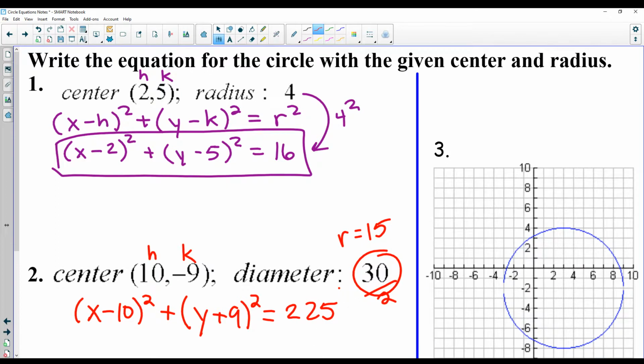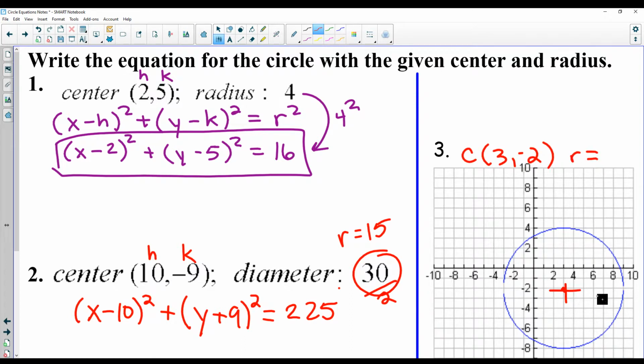All right, number 3, they just give us a picture. What do we need? We need the center and the radius. So take a look. If you find the center of your circle, pretty much here and there, so right there, this would be at 3, negative 2. So the center is at 3, negative 2.